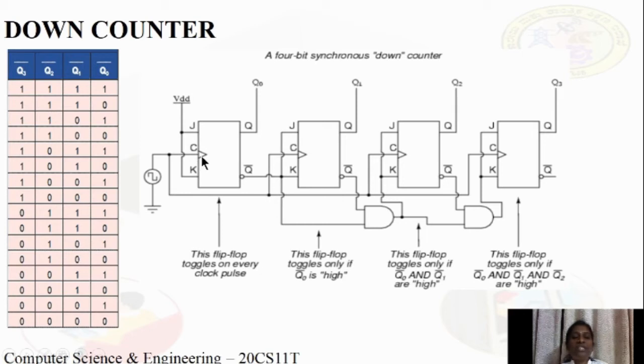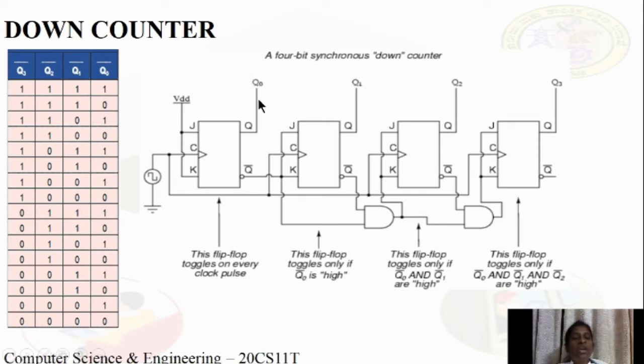Then the input clock pulse is applied to all the flip-flops simultaneously. Here in this flip-flop, the Q0 value will be changed from 0 to 1 or 1 to 0, it toggles, whenever both J and K values are high. So automatically, as VDD is 1, 1 becomes 0, 0 becomes 1, 1 becomes 0, 0 becomes 1. Similarly it toggles on every clock pulse.